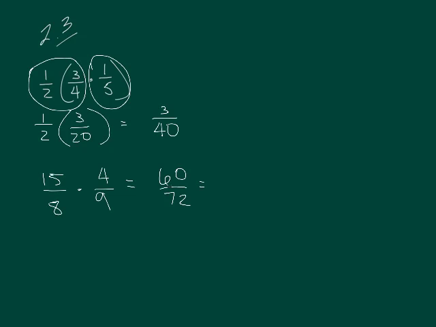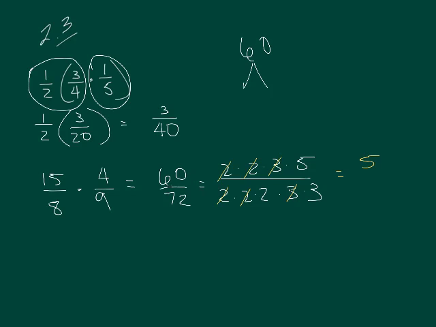We write 60 using our factor tree, and it's 2 times 2 times 3 times 5, over 2 times 2 times 2 times 3 times 3. And then we can cancel out what's common, and we get 5/6. Okay, so that's one method of doing that.